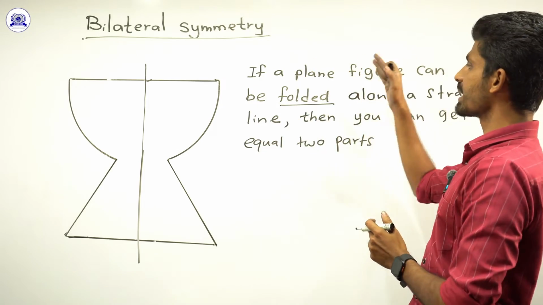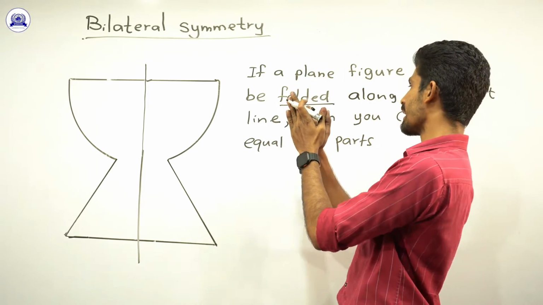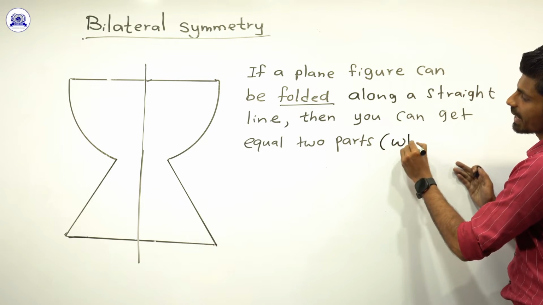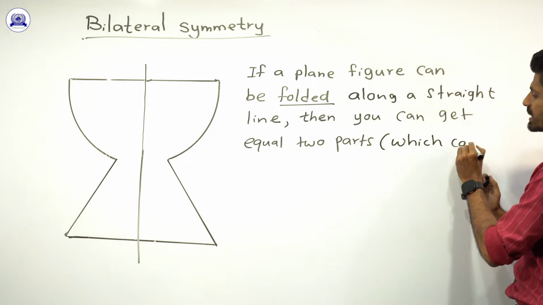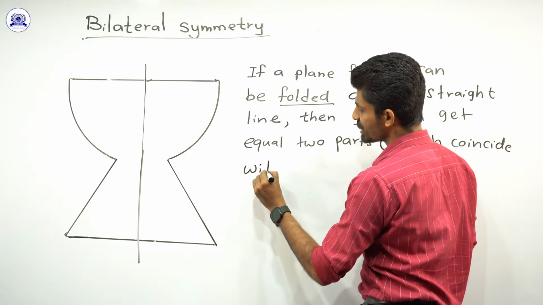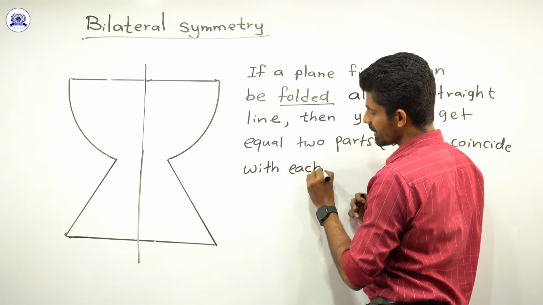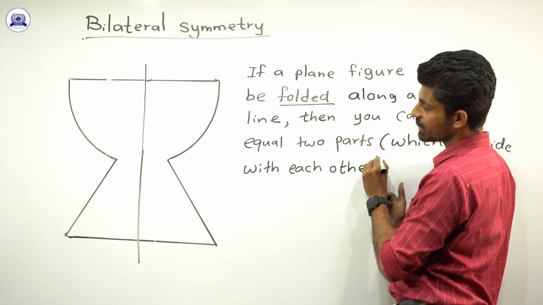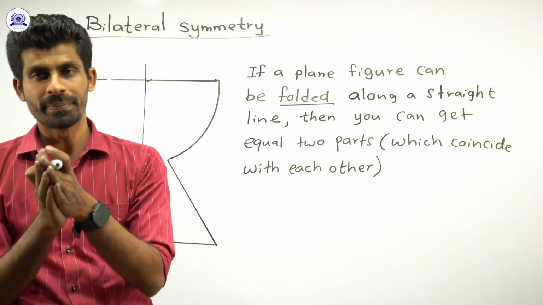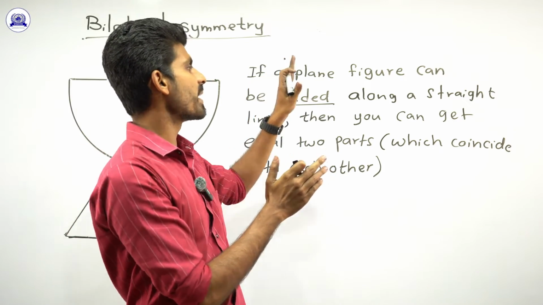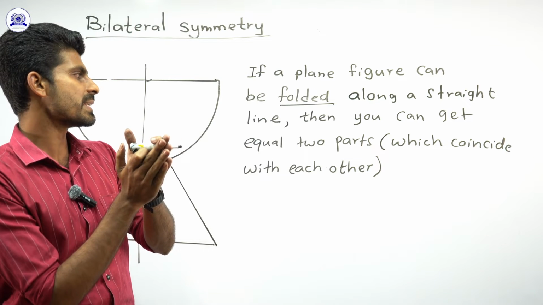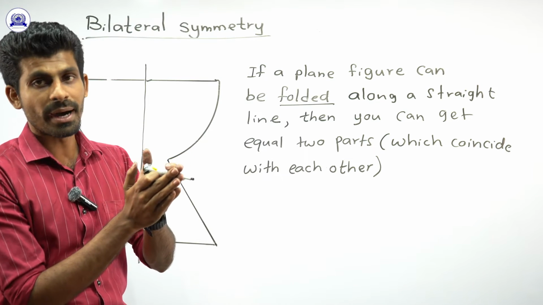If a plane figure can be folded along the straight line, then you can get equal two parts.